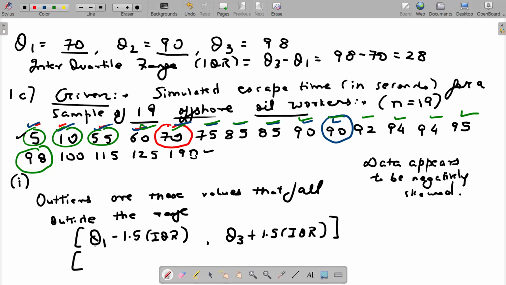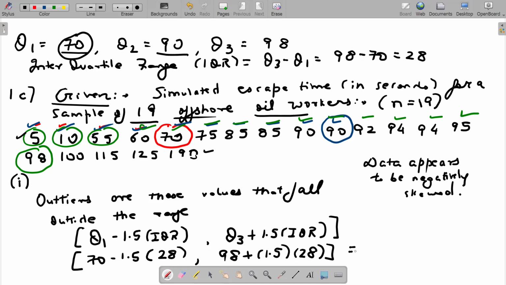So let's calculate. Q1 is 70 minus 1.5 times the interquartile range, which is 28. Q3 is 98 plus 1.5 times the interquartile range, which is 28. So how much is 70 minus 1.5 times 28? Let's calculate that. 1.5 times 28 is 42, and 70 minus 42 is 28.